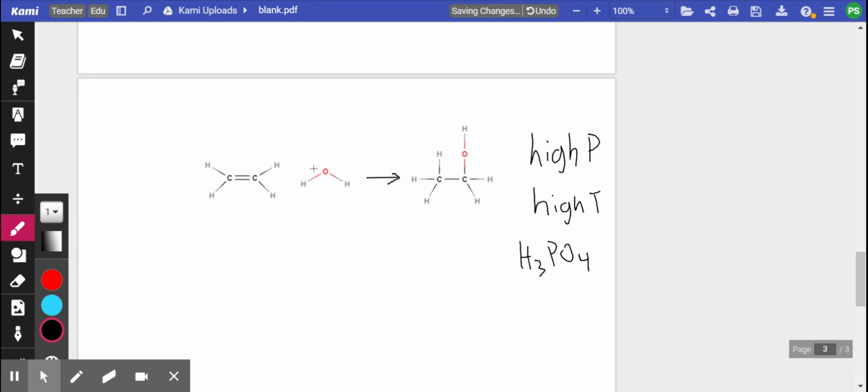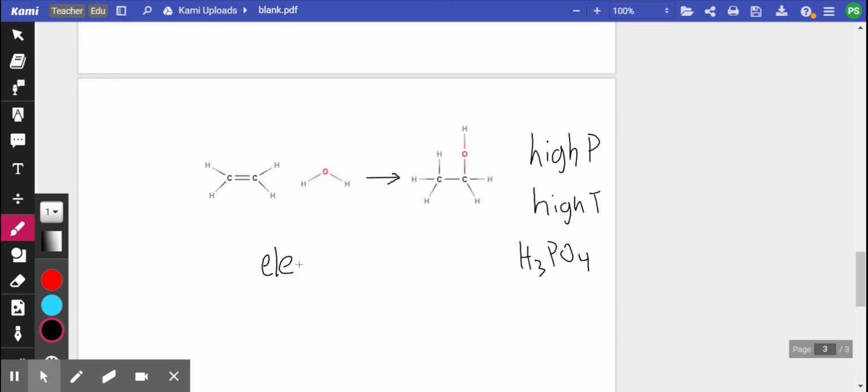Again, in this reaction, we see this double bond breaks and you add some components to the alkene. So you add the hydrogen from the water and the OH group from the water. So you've ended up making an alcohol, which is another homologous series, which we will talk about in the next videos. All these reactions are called addition reactions.